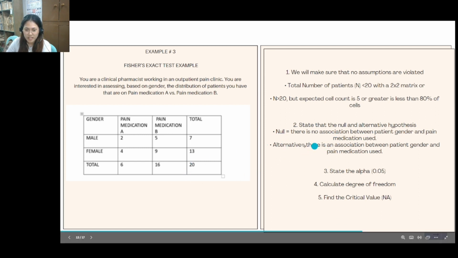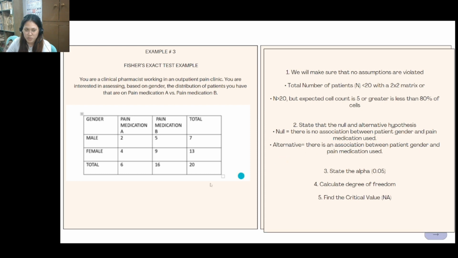Our null: there is no association between patient's gender and pain medication used. Alternative hypothesis: there is an association between patient's gender and pain medication used.